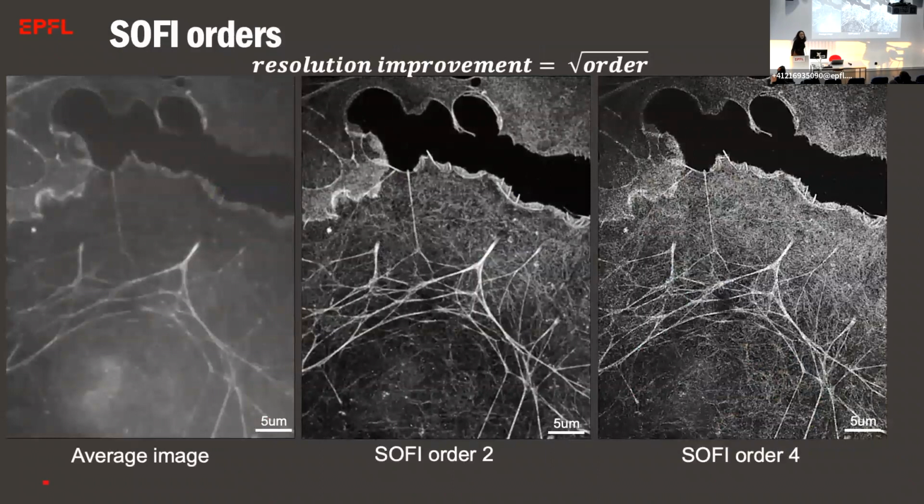We also profited a lot from the development of dyes from our collaborators, who were able to get us very nice dyes that target the actin. And then just looking at the images in a SOFI modality, we see this improvement in resolution as we increase the SOFI order.